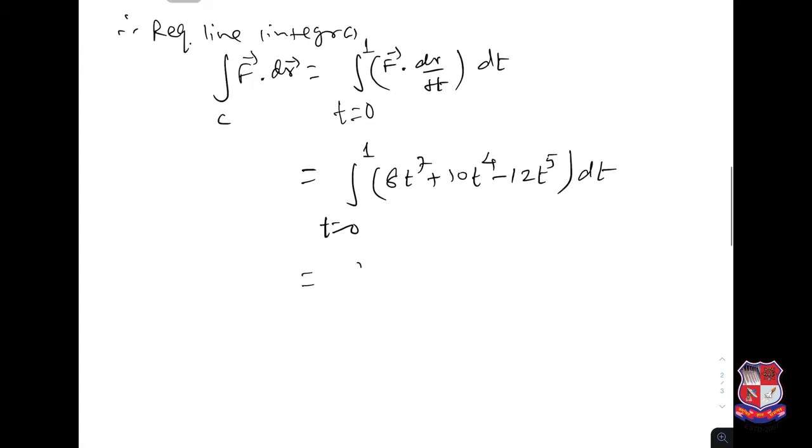Now this is simple integration: 8 t power 8 by 8 plus 10 t power 5 by 5 minus 12 t power 6 by 6, with t from 0 to 1.